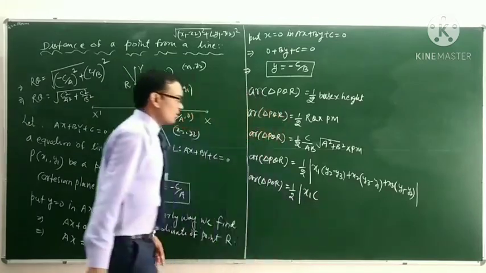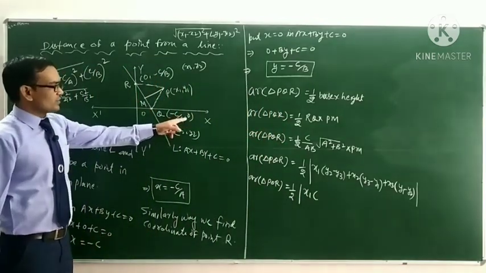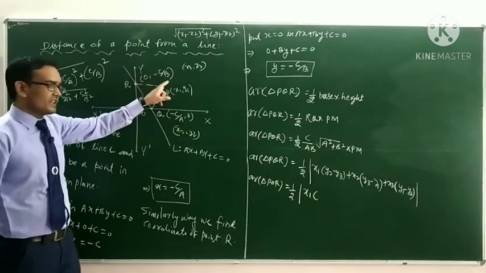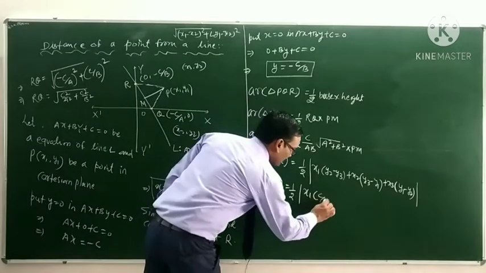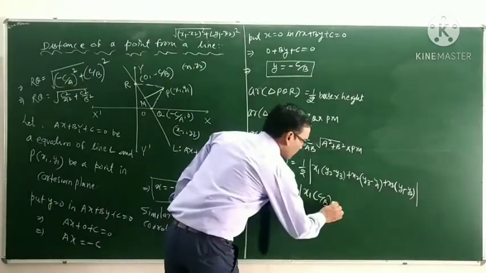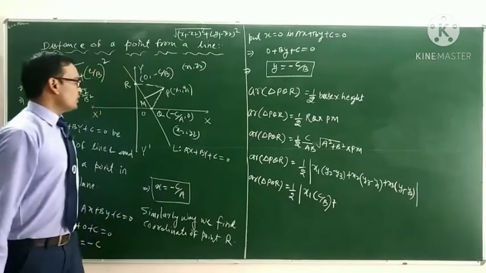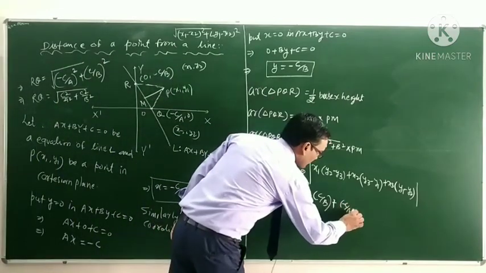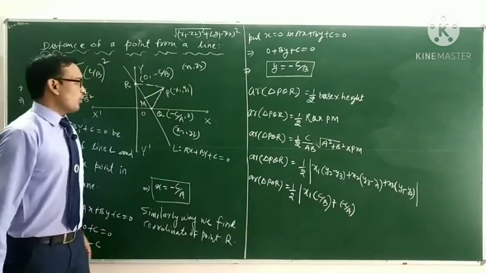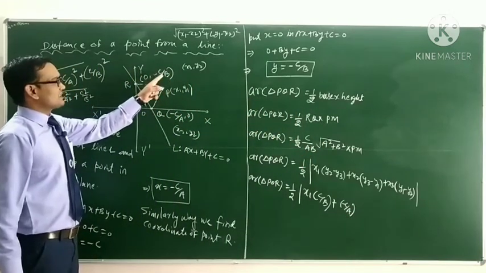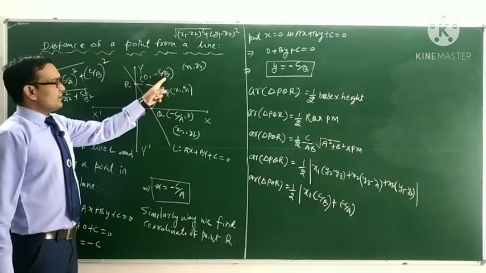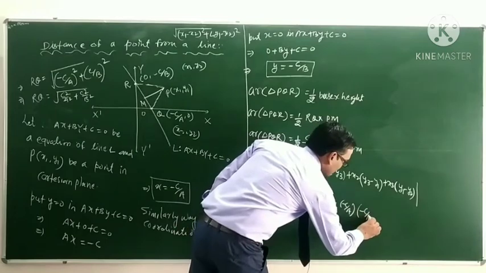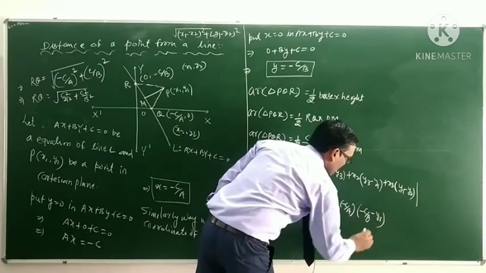x1 into y2 minus y3, where y2 is 0 and y3 is minus c by b, so we write c by b. Okay students, plus x2 is minus c by a into y3, which is minus c by b, minus y1.